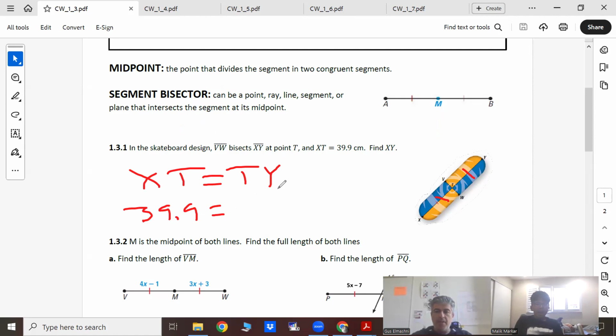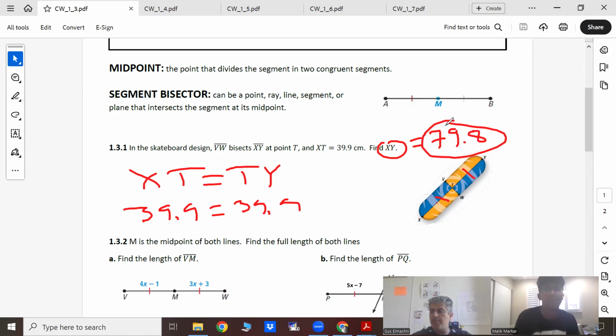Okay. And of course, the whole thing will be 39.9 times 2, or 39.9 plus 39.9. So XY will be 79.8. So there we go.